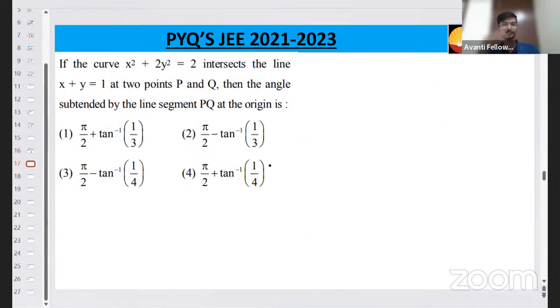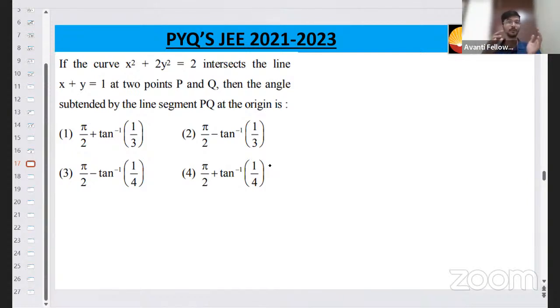So as you can see, the questions are not very calculative, or you can say very hard or difficult. They are all just average level, which if you solve the modules and everything, will be so simple. And this is basically the January attempt. So January attempt questions are relatively simpler than the April attempt questions.